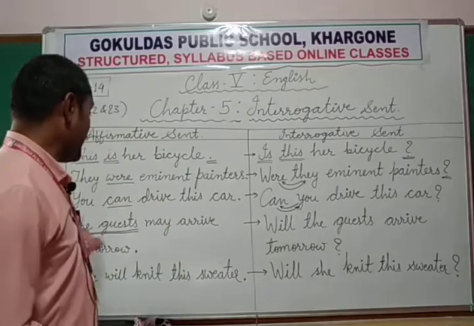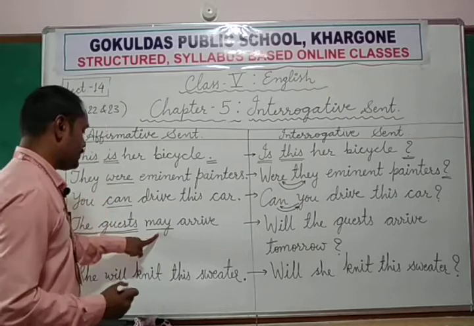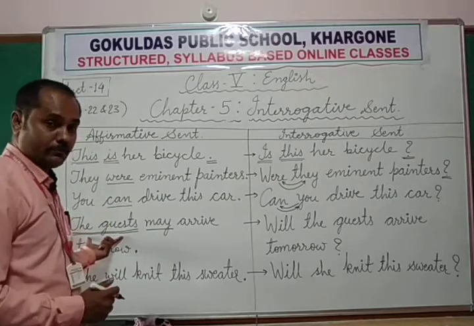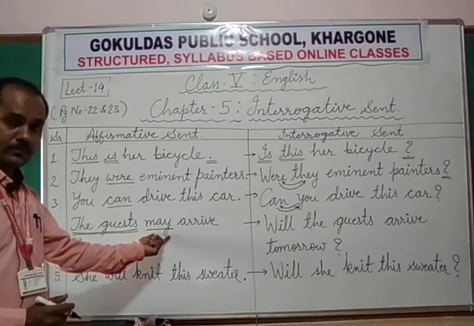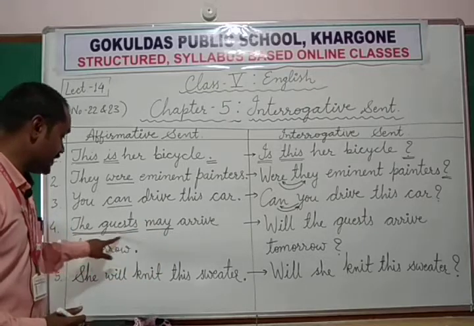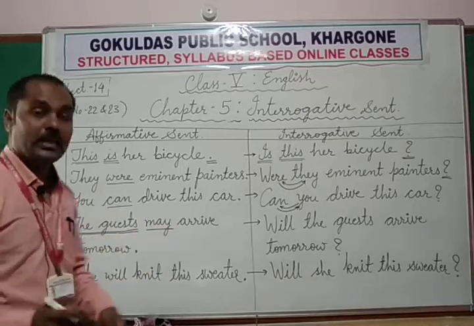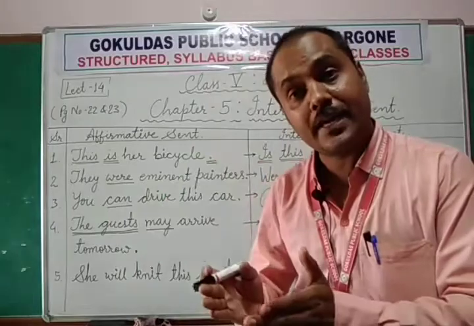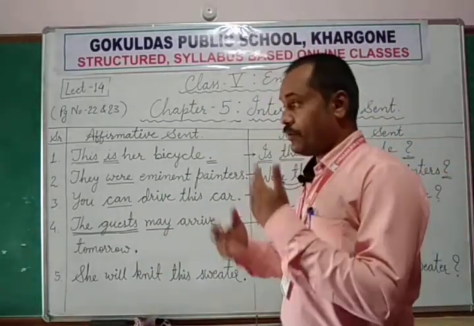So the guest may arrive. Now the modal verb is may. Two words form the subject, the guest, and may is the modal verb, helping verb. The guest may arrive tomorrow. कल आ सकते हैं. That is the probability that they may arrive tomorrow at our home.